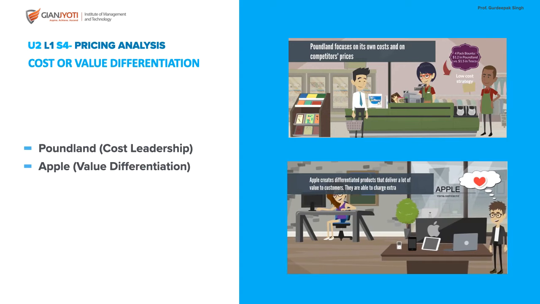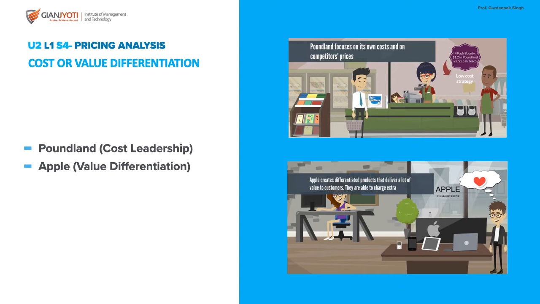On the other hand, if we talk about Apple, Apple works on differentiation. So they create a differentiated product which their competitors cannot reach by adding that value, which is needed by the customers. And based on that, they are able to charge extra. So they are not looking at volumes, they are looking at that extra value, and the margin is very, very high.